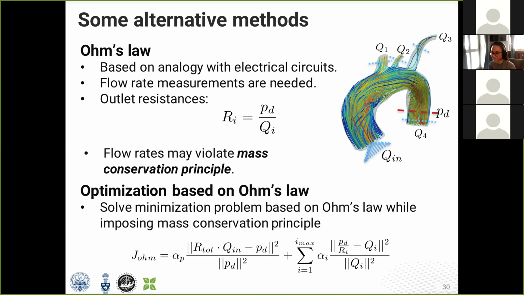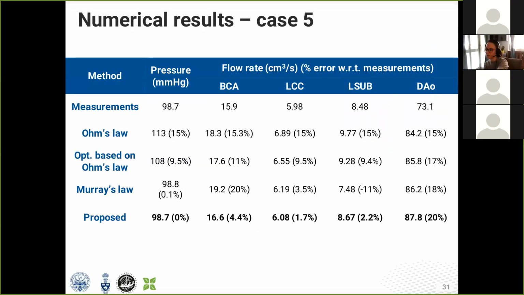And do you see that after you solve this, the flow rates at your outlets do actually match the flow rates from the 4D MRI? Yeah, they're quite good. They're basically the same, because even if you move to Stokes 3D, what you get is basically this. So they kind of match it, yeah.